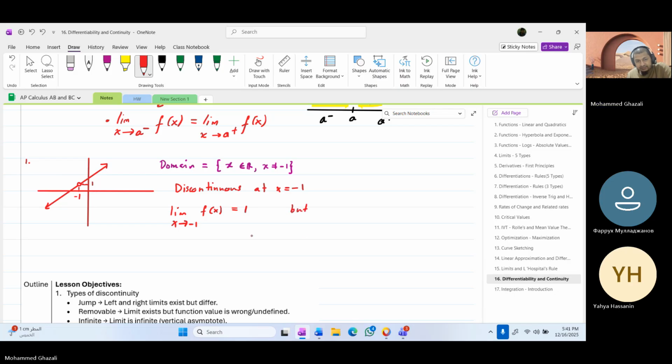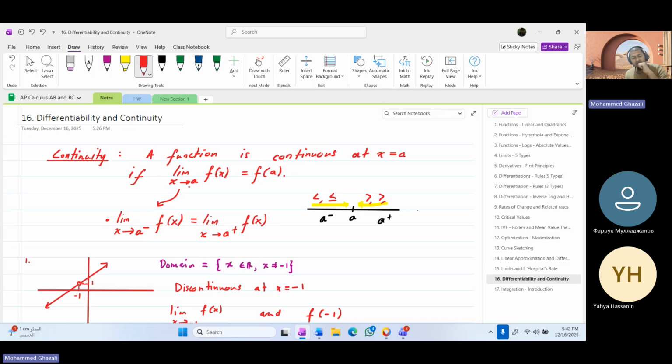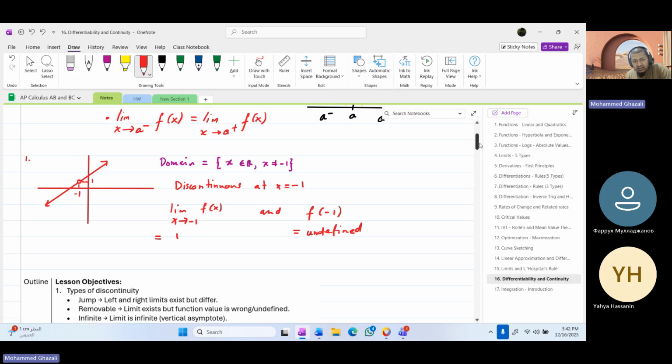But if you're trying to find f of -1, that is undefined, okay? So you see, the definition of continuity does not work. The limit as x approaches -1, yes, that value is 1, but f of a itself is undefined. So you can see what happens here, it fails.